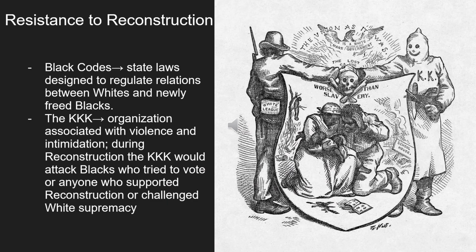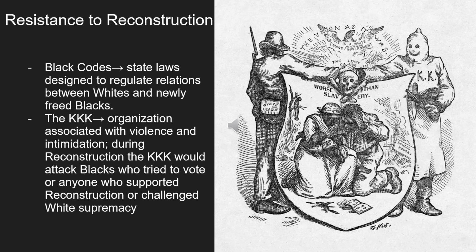Lastly, they would like you to be aware of the different resistance movements that emerge during Reconstruction. So firstly, Black Codes. These are state laws, primarily passed in the South, of course, designed to keep Black people in the lower levels of society, to maintain white supremacy, essentially.